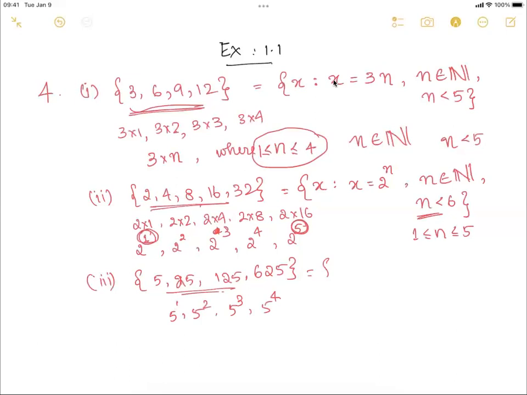So this can be written as a set of all x such that x is equal to 5 to the power n. And again, because you don't have 5 to the power 0 or negative integers there, it's important to specify natural numbers where n is less than 5.